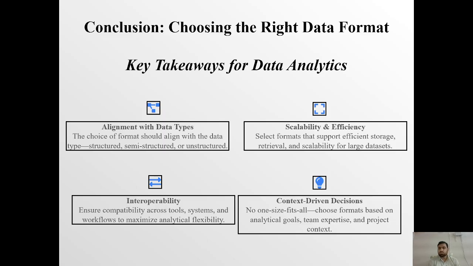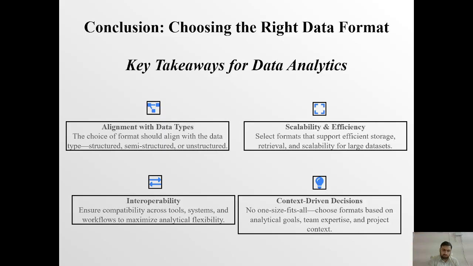Now the conclusion: choosing the right data format. Key takeaways for data analysts. Alignment with data types: the choice of format should align with the data type, structured, semi-structured, or unstructured. Scalability and efficiency: select formats that support efficient storage, retrieval, and scalability for large datasets.